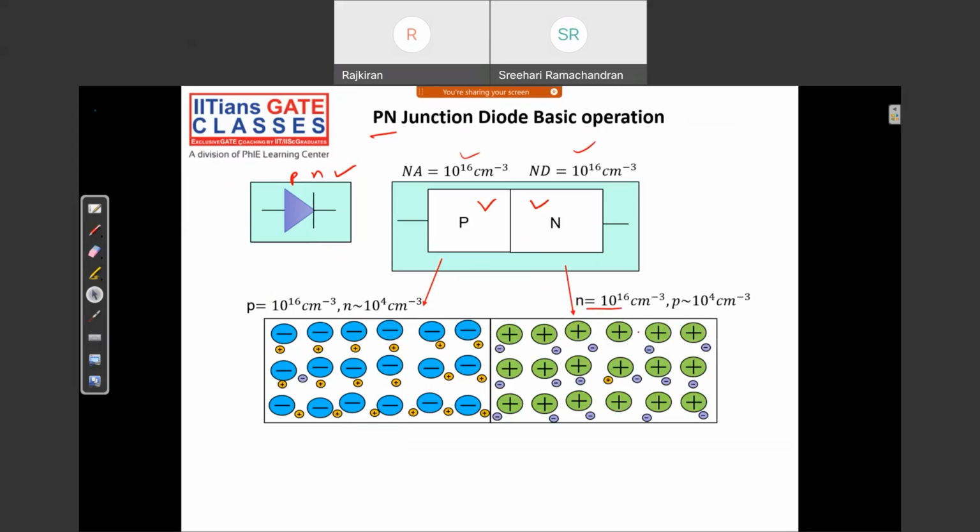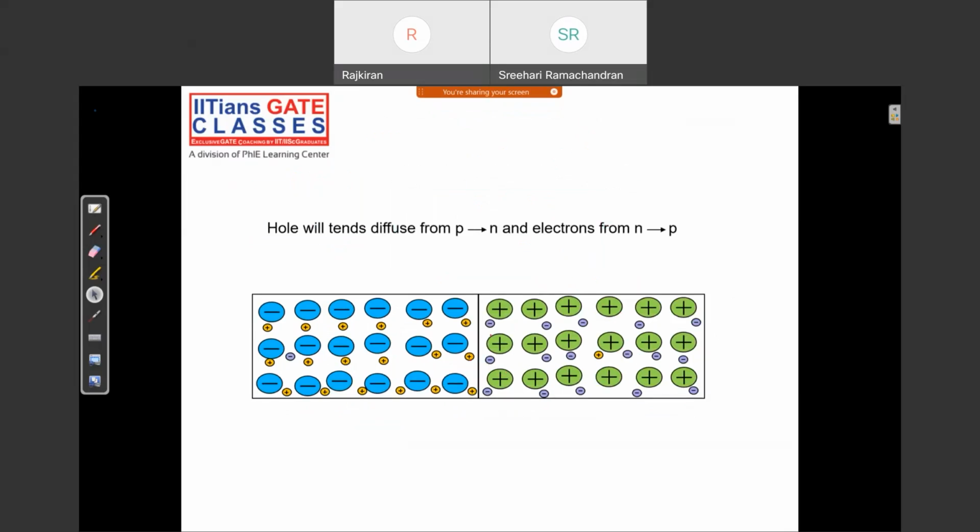Then we will see what happens whenever a p-type semiconductor forms a contact with an n-type semiconductor. So this is in equilibrium.